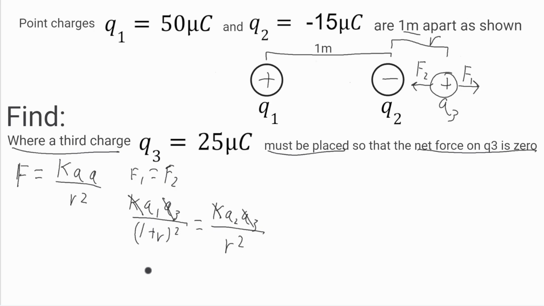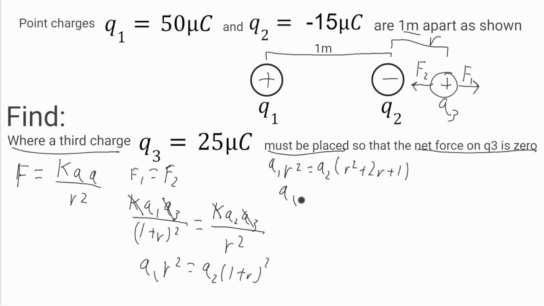Now I'm going to cross multiply this, and I'll get that Q1 times R squared is equal to Q2 times (1 plus R) squared. I'll write this up here. It'll be Q1 R squared. Now I'm going to expand this (1 plus R) squared. It'll be Q2 times (R squared plus 2R plus 1).